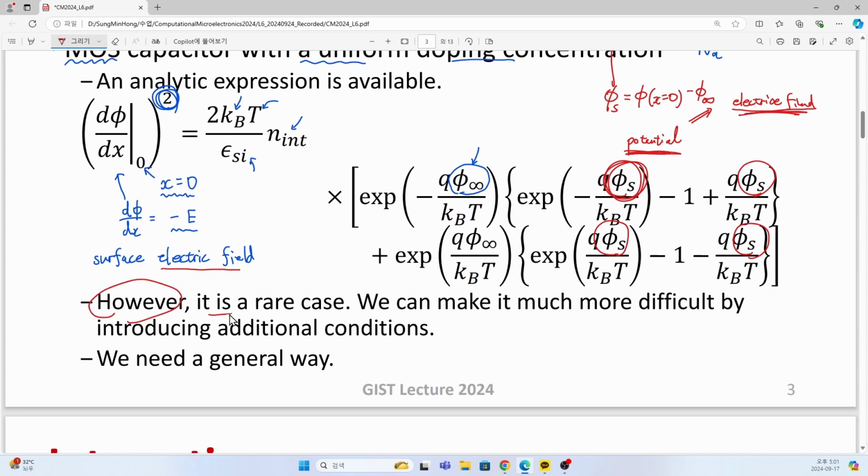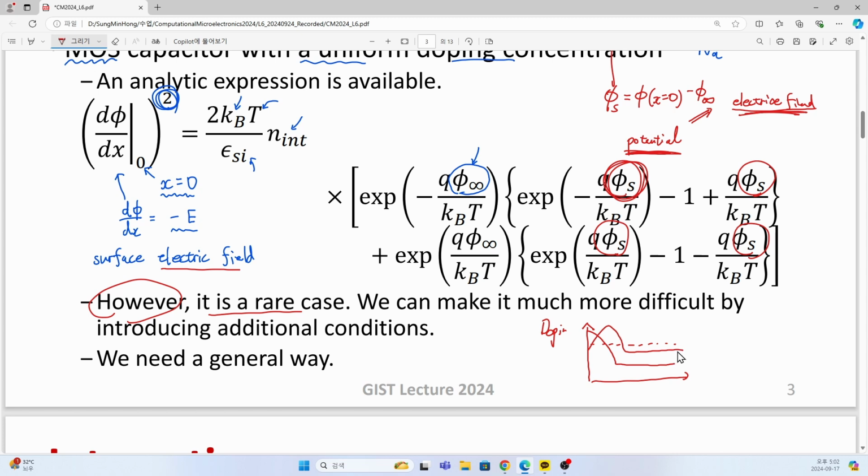However, it was a rare case. We can make this problem much more difficult by introducing additional conditions. What are the additional conditions considered in this case? For example, instead of this homogeneous doping concentration, if we have some position-dependent quantities like this way, then what will happen? Or that way, then what will happen?